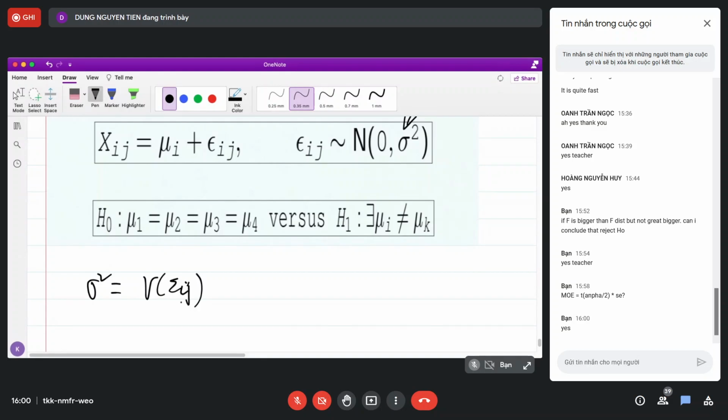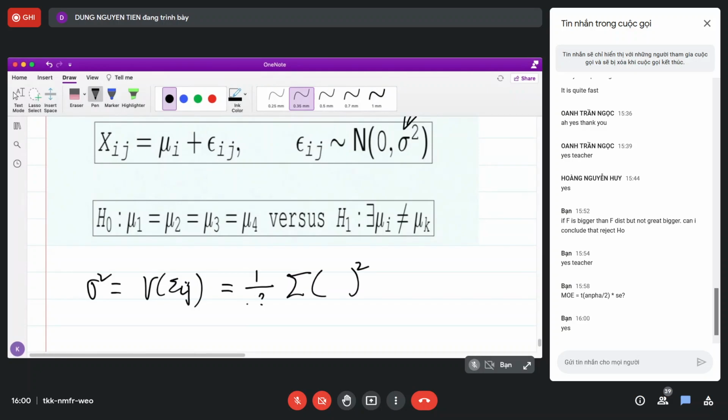And what is the variance? The variance is actually the average value of the square of the deviations. So it should be one over the degree of freedom, times the sum of the square of the deviations.